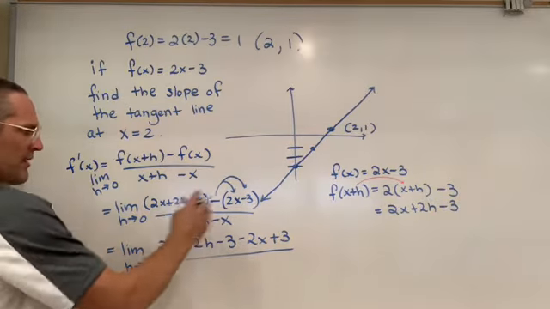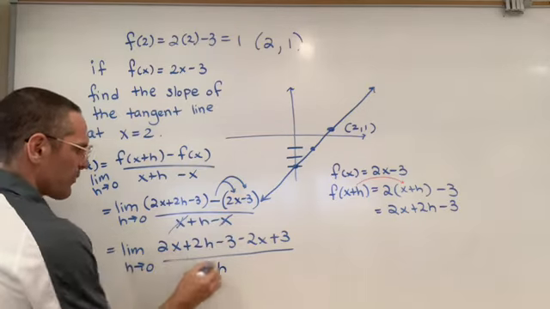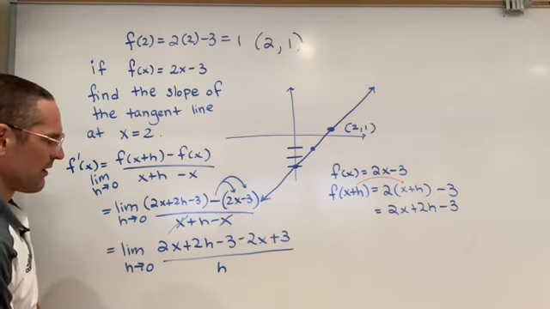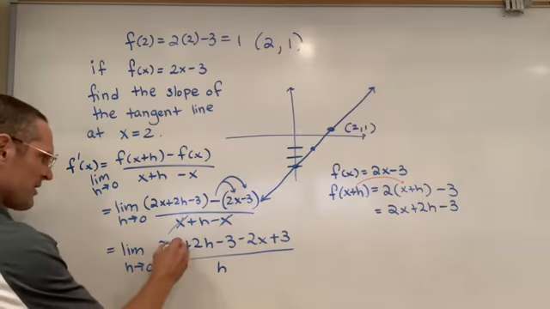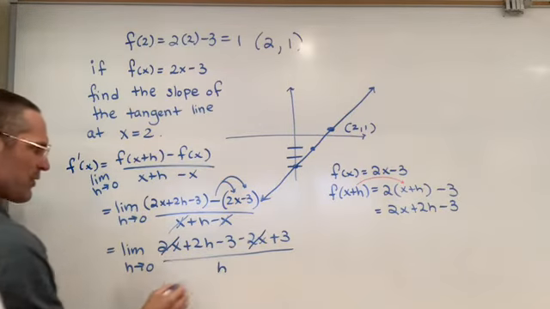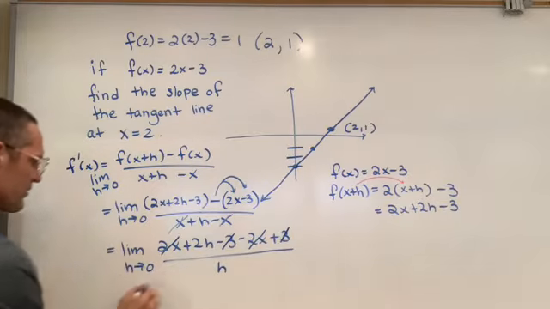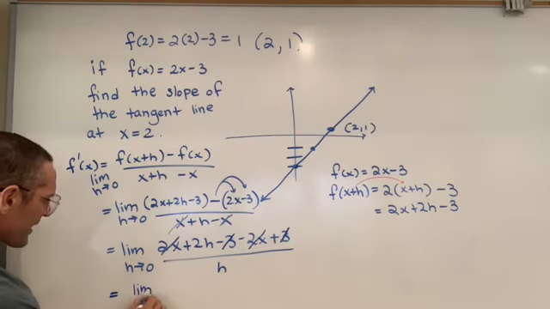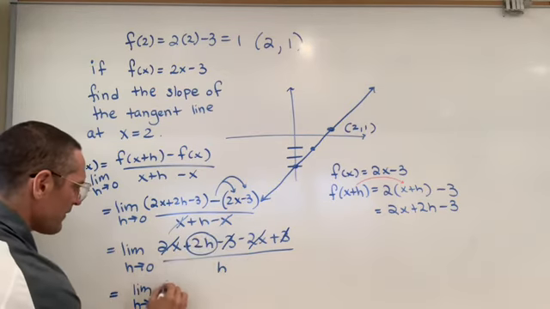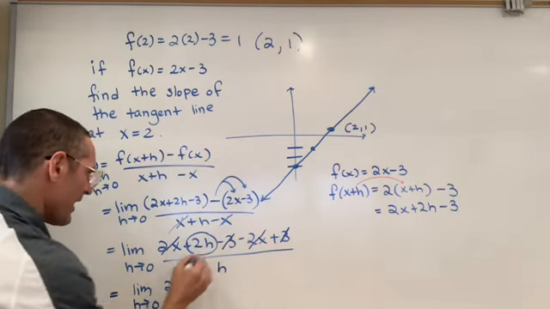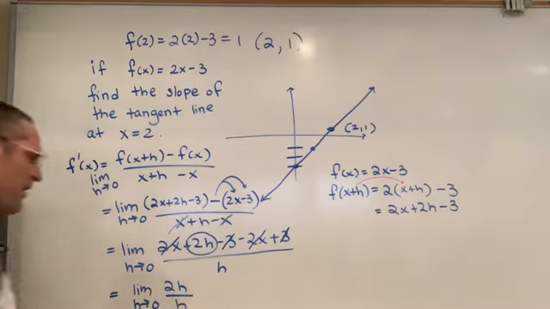If they've been good little x's, they go up to number heaven, and we're left with h there. If I substitute in 0, well, let's see, 2x cancels with -2x, and -3 cancels with 3 to give us the limit as h approaches 0 of this survived, 2h, and h survived.